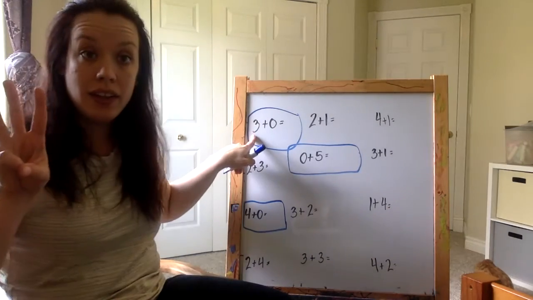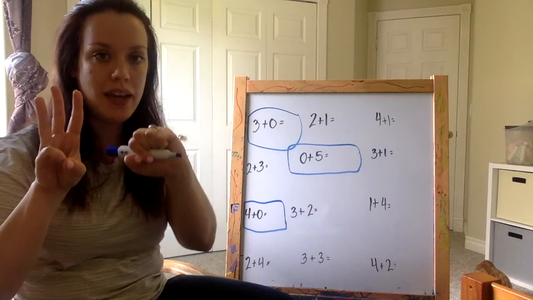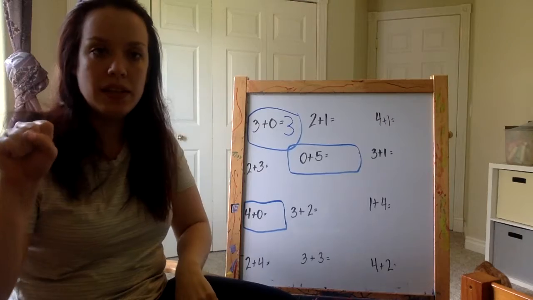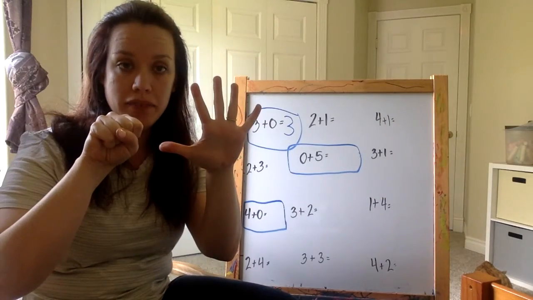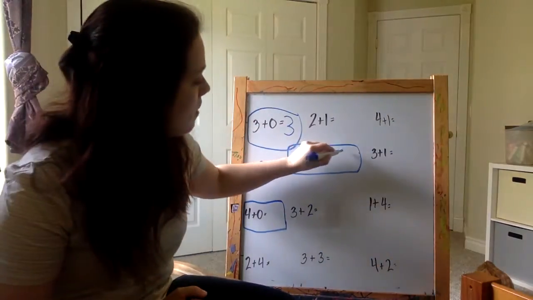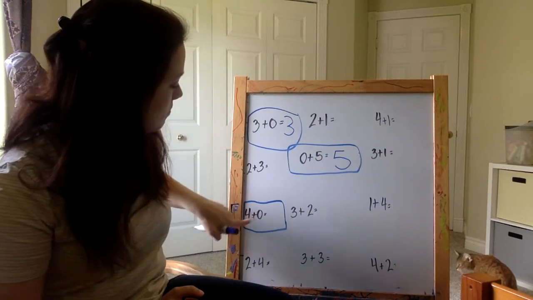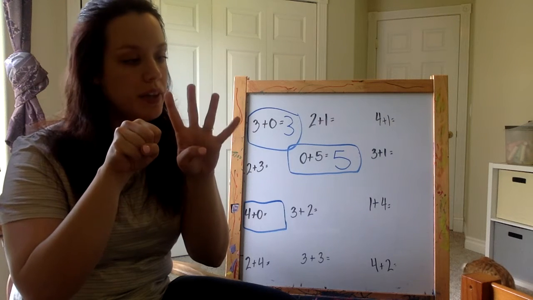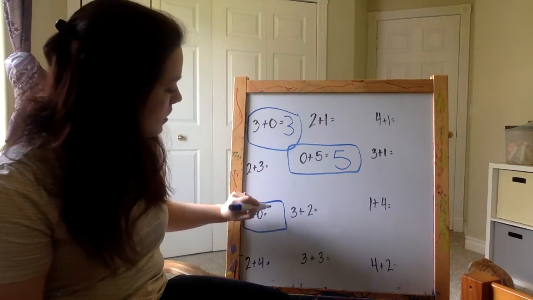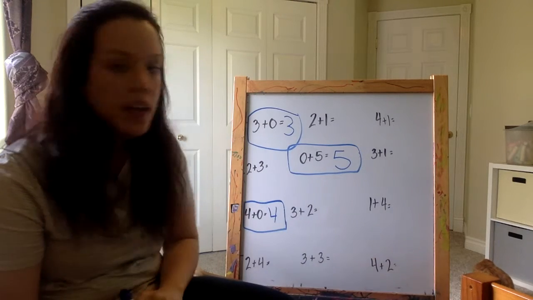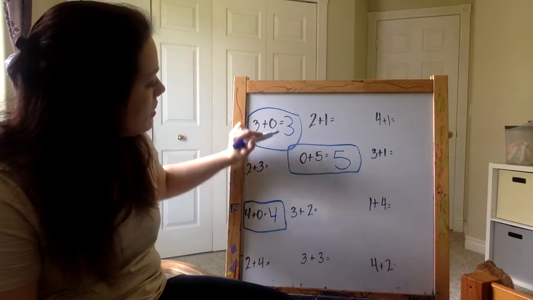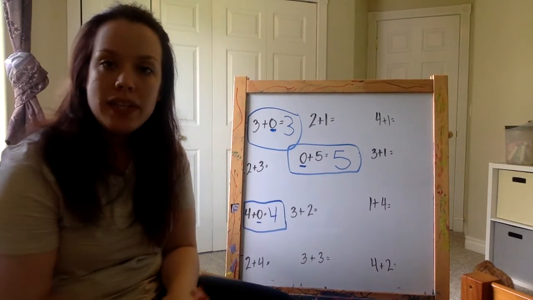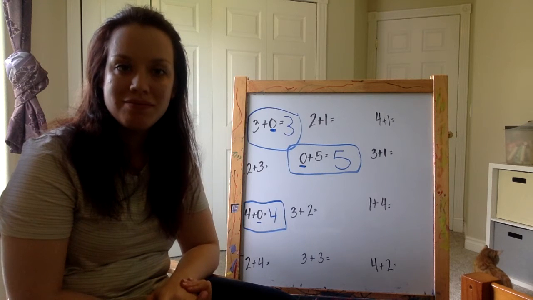So 3 and 0 more still makes 3. 0 and 5 more is only 5. 4 and 0 more is still 1, 2, 3, 4. So when you're solving addition fluency, the first thing you should look for is all the problems that have a 0. What was the next strategy we talked about last week?